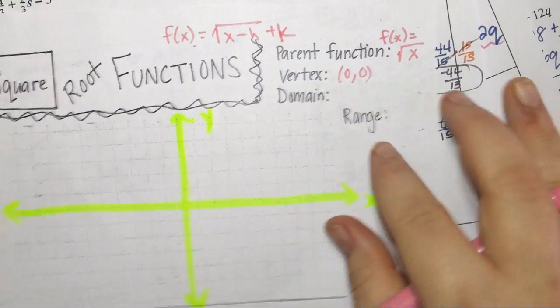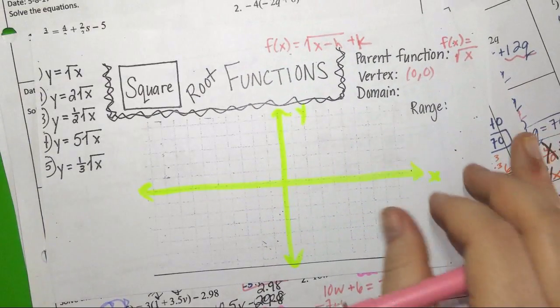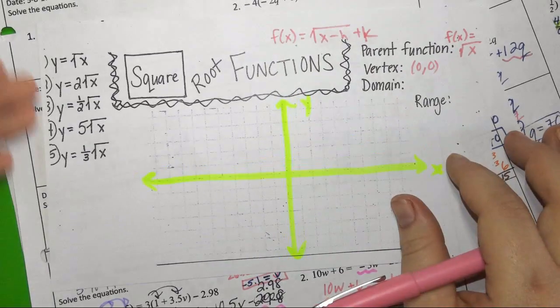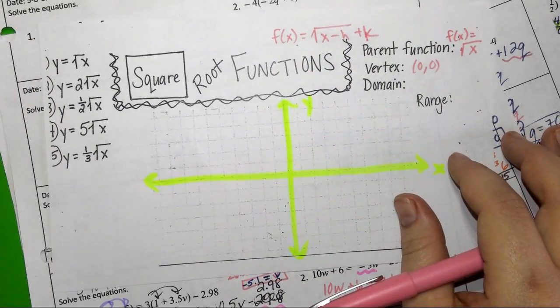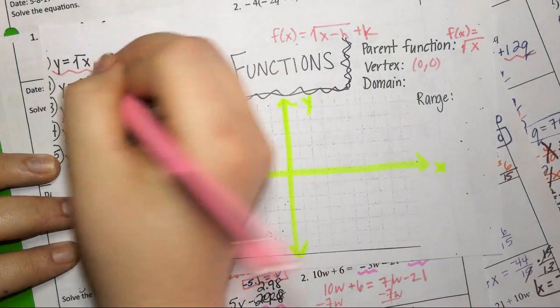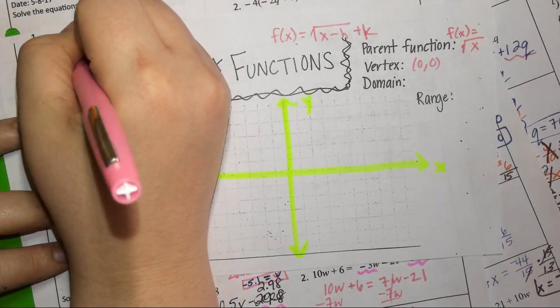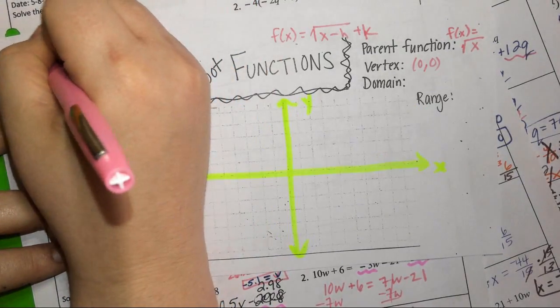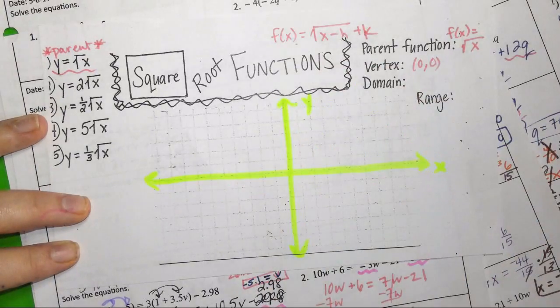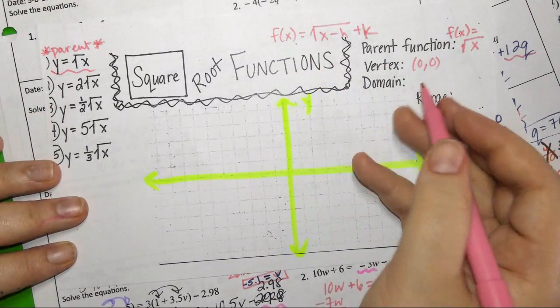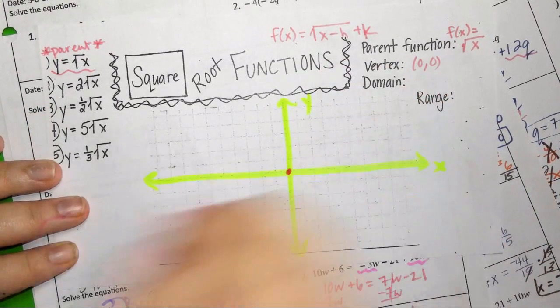Okay, so basically I want to fix what I did wrong by graphing these 5 and looking at them. The first one I'm going to graph is the parent function, y equals square root of x. We know the vertex is at 0, 0, so I put my first point at 0, 0.